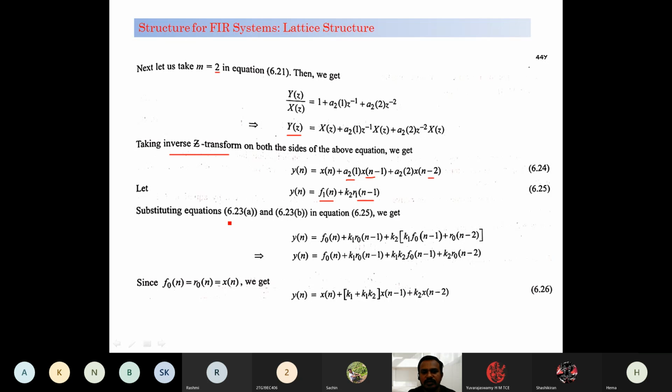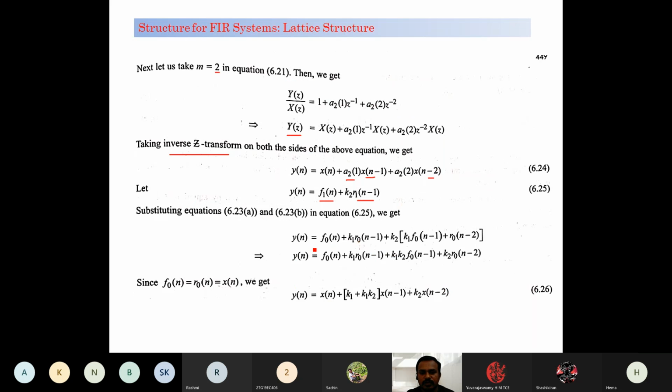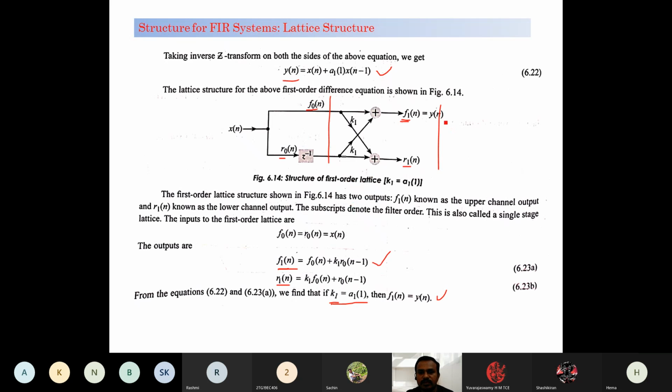By substituting the f1 and r1 equations in that equation, we can expand it. Y of n is f1 of n, that is f0 of n, since I am talking about the next stage of this one.